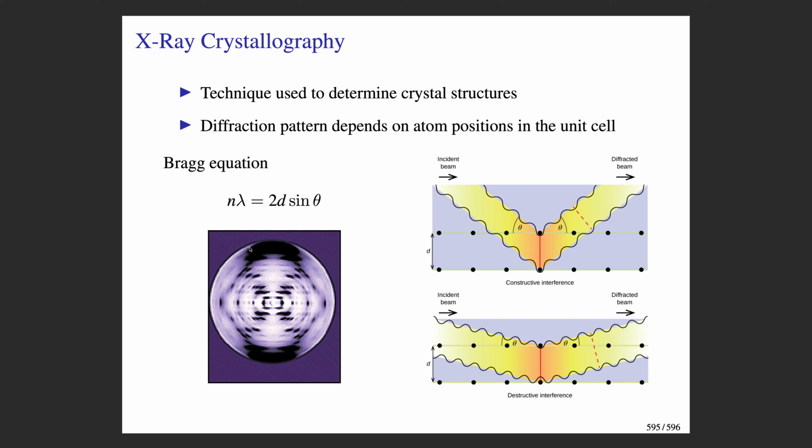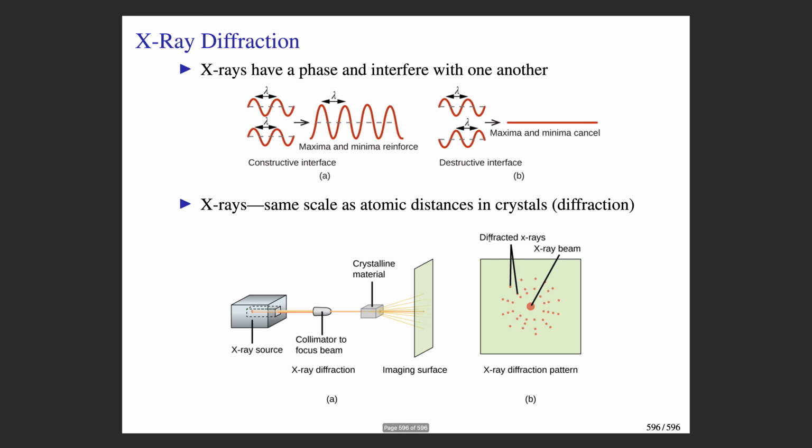It would look something like this, a pattern of light and dark patches. And you can mathematically relate the diffraction pattern to the crystal structure of what you're studying. This, for example, is how we know what the structure of crystalline unit cells are, through X-ray diffraction.